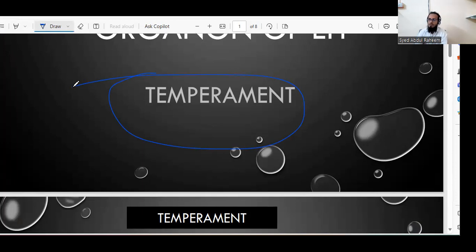When you master temperament, then you can easily diagnose the disease in electrohomeopathy, and you can easily give treatment to the patients, and you will get 100% result if you diagnose the temperament of the patient in electrohomeopathy.